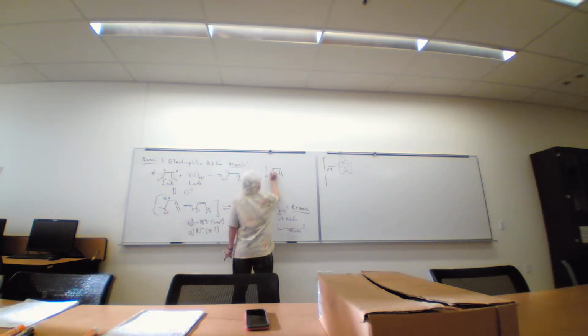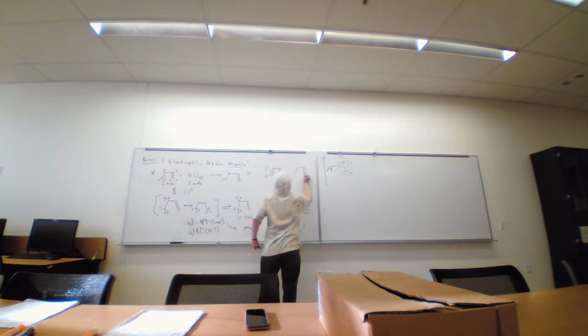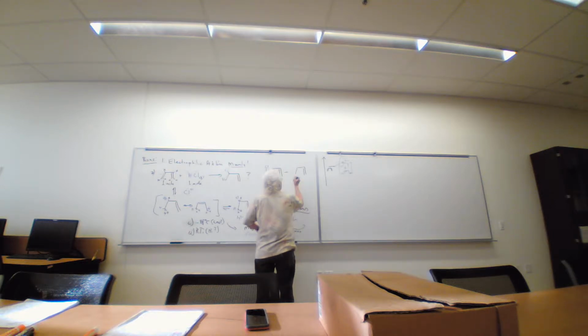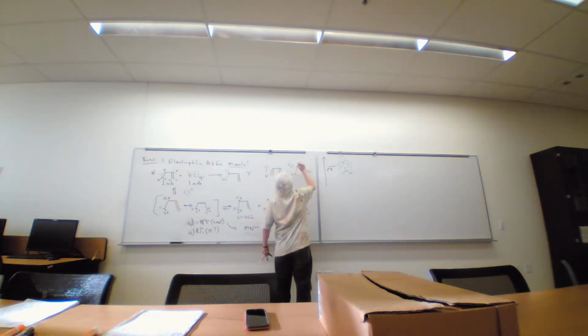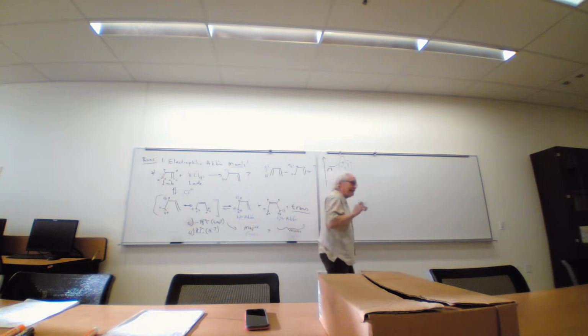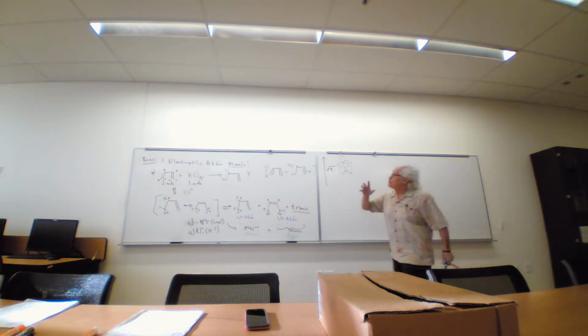The pi electrons added to the H, and in the very first instance I have that, plus the resonance structure. That's the species that I have in the solution at that moment.